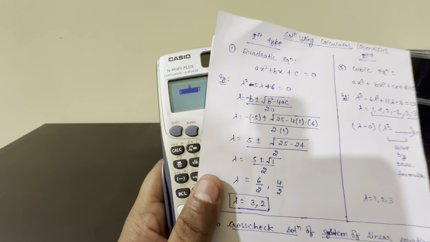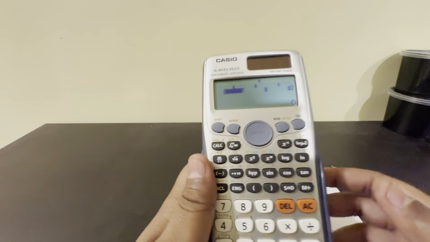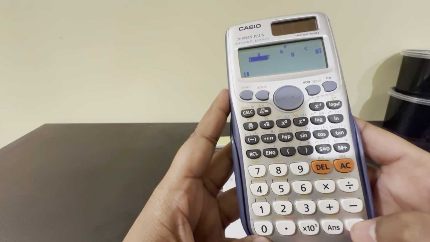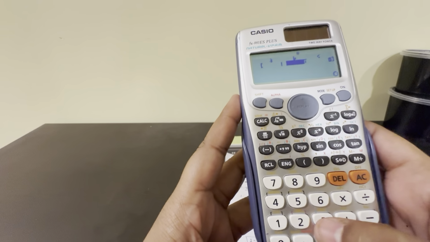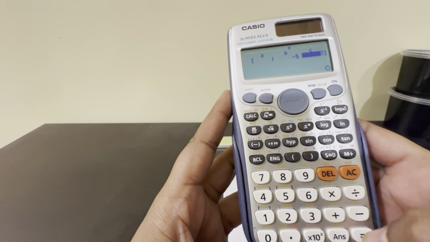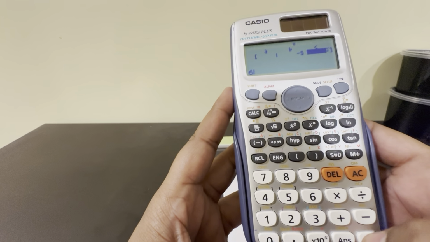So press 1, then equals, minus 5, then equals, now 6, now equals.